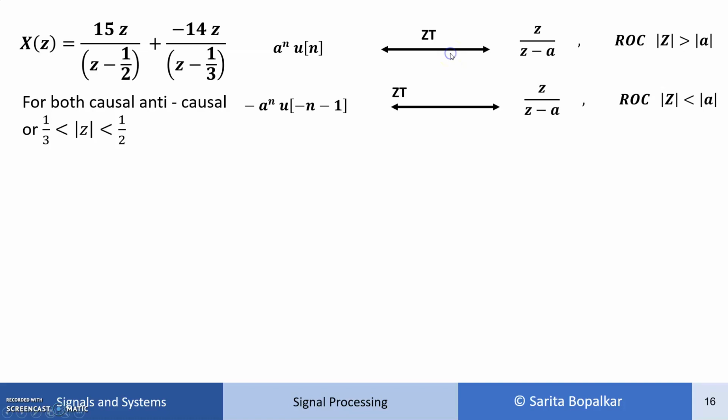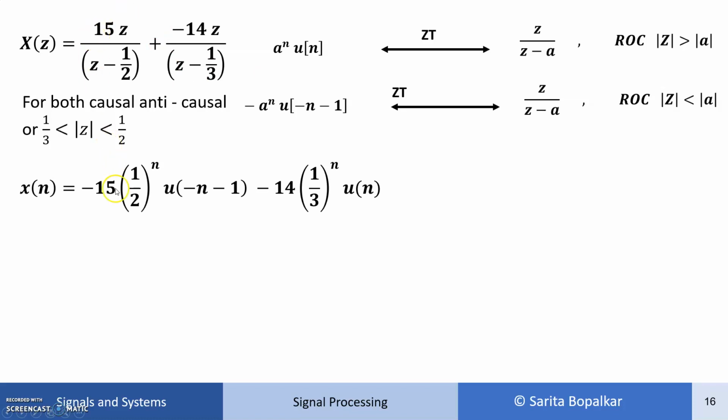And for the second case, mod z less than 1 by 2. Check here ROC mod z less than a. A is here 1 by 2. So for this z upon z minus a, a is 1 by 2. We want mod z less than a, so we'll use minus 1 half raised to n u of minus n minus 1. For mod z greater than 1 by 3, we'll use 1 by 3 raised to n u of n.